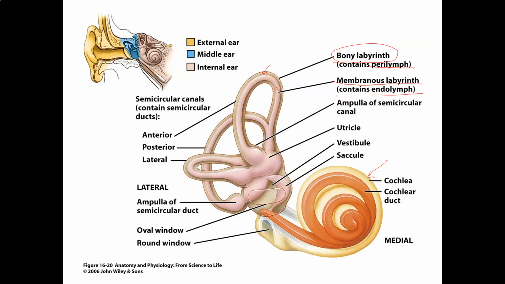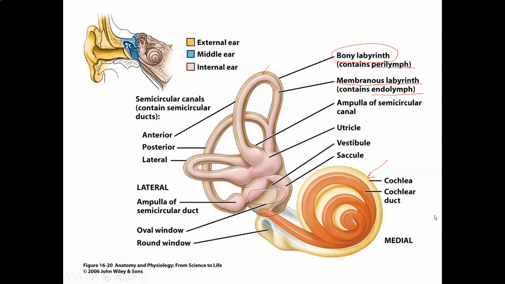Okay, I'm not going to be really asking you about what the fluid is called in the different regions so much as you do need to understand that your inner ear has fluid in it, because this is going to play a key role in how you stimulate your hearing and your balance receptors. So I do want you to know there's fluid in the inner ear.